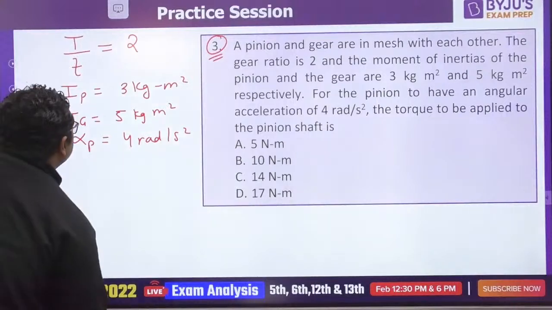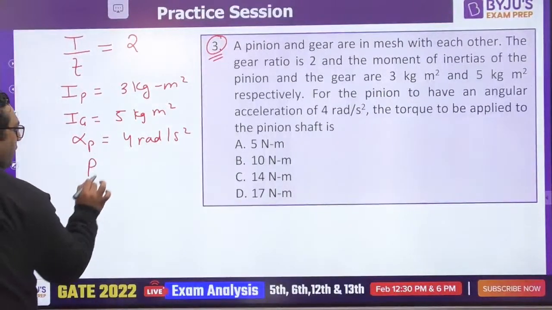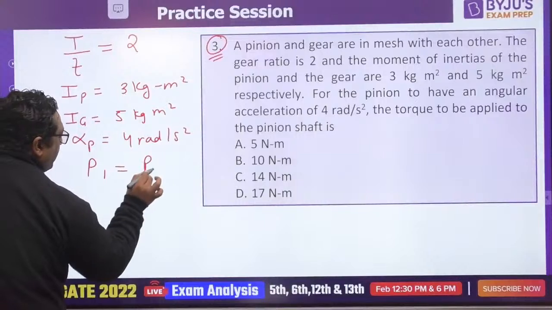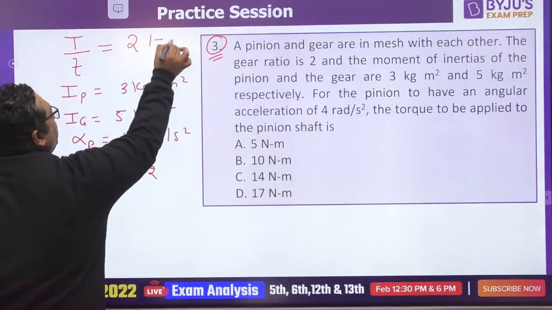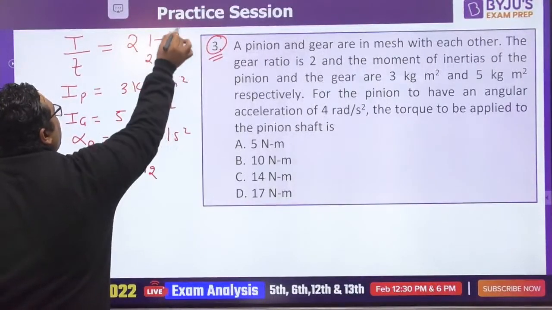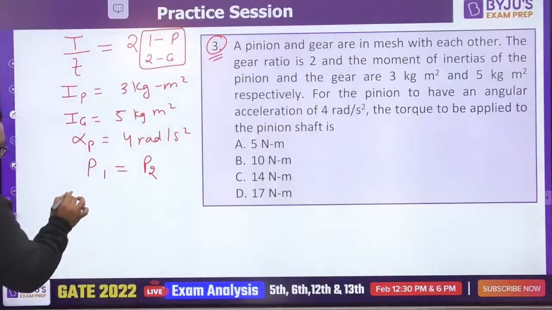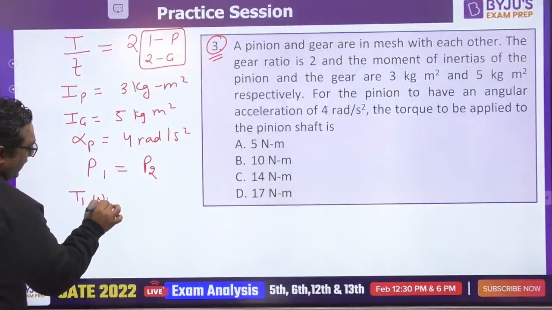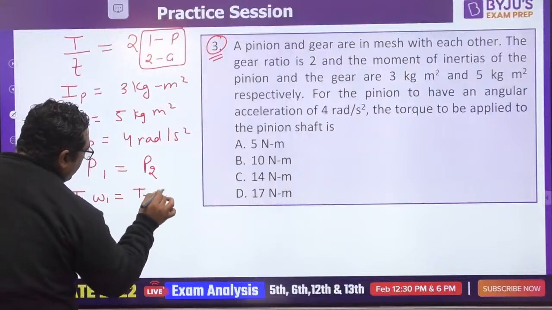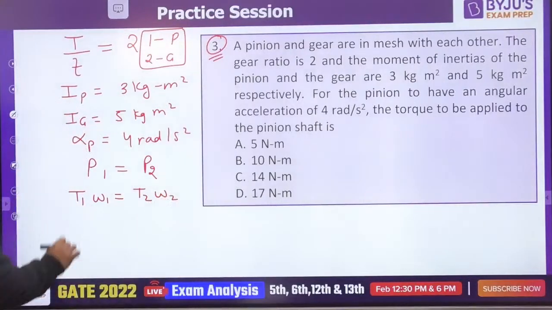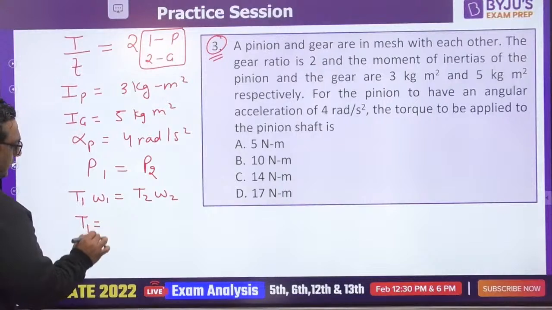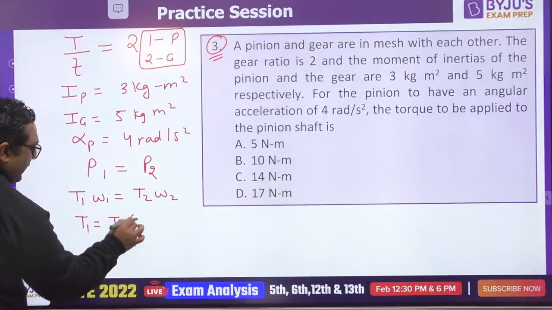When we are talking about power, power of 1 will be power of 2. Let us say 1 is pinion, 2 is gear. Try by yourself also. You can write T1 omega 1 is equal to T2 omega 2. From here you can also write T1 as T2 omega 2 by omega 1.